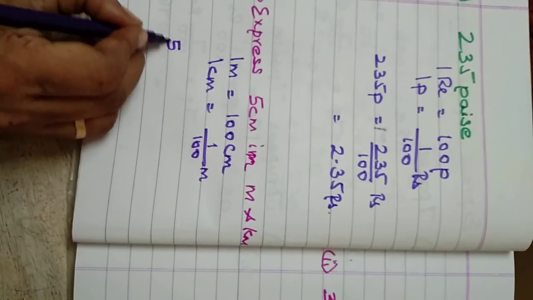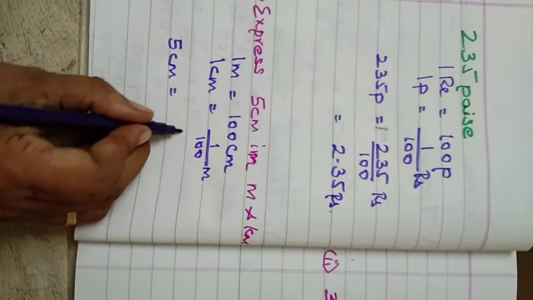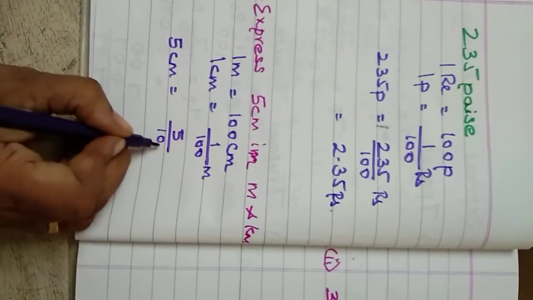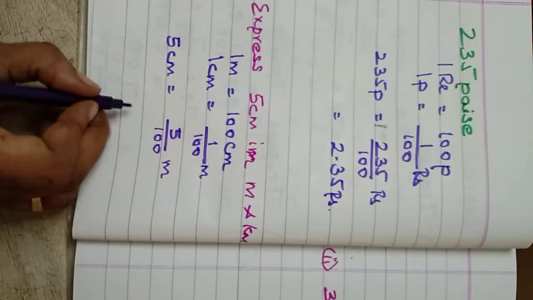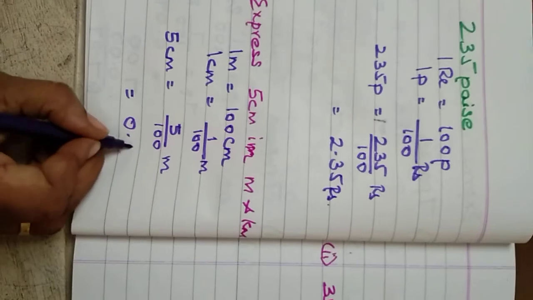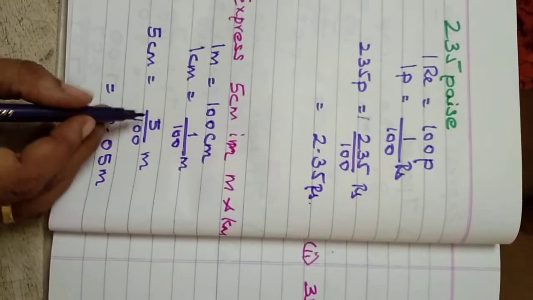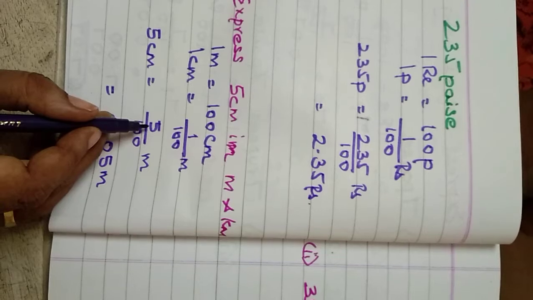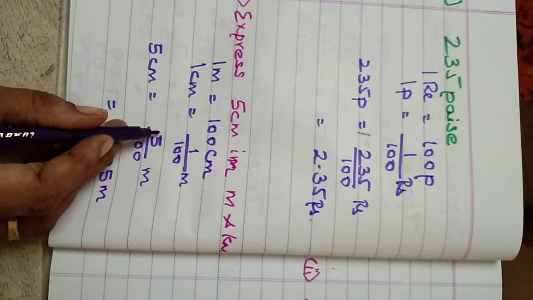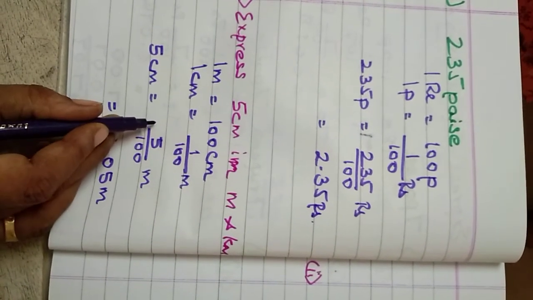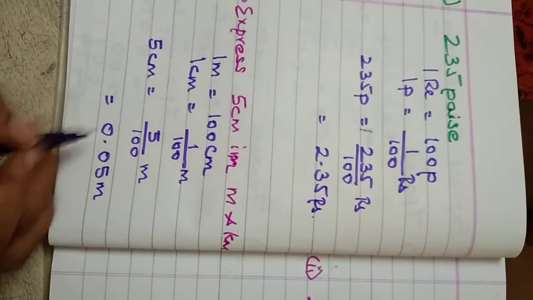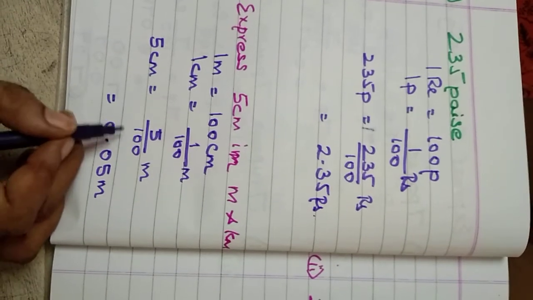So 5 centimeter is equal to 5 by 100 meter, which is 0.05 meter. As I said, 2 zeros, I have got only one number, so for the other place I put 0 in the front and put a point before the 0. This 0 does not have any value.